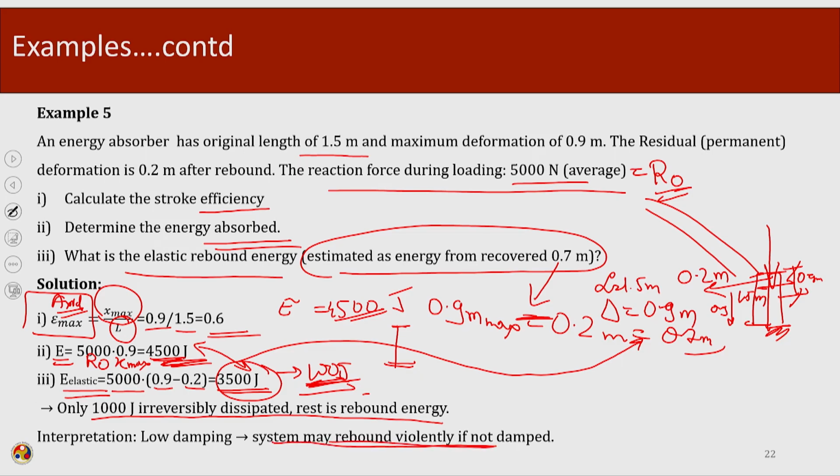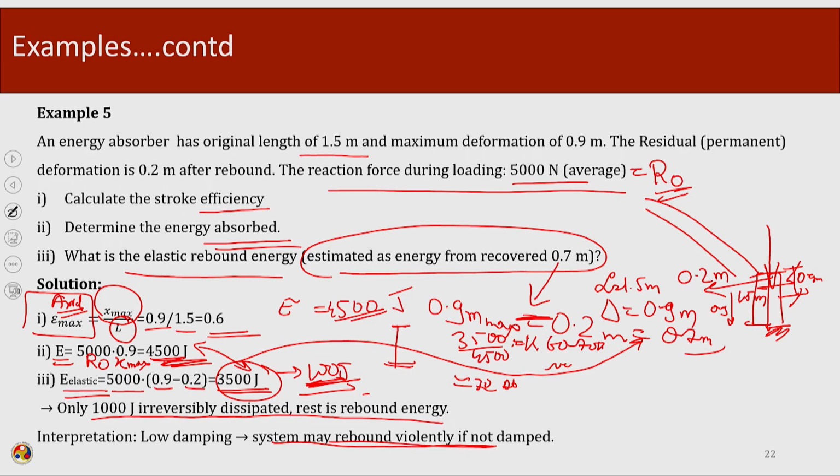So, 3500 over 4500, around 60 to 70 percent, is being recovered, and only approximately 30 percent is being absorbed, even less than 30 percent. So, the total energy absorption capacity of the system is low compared to a conventional energy absorption system, and the system is rebounding a lot. So, it is an inefficient energy absorption system.